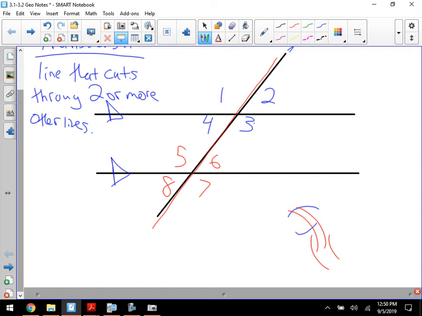Now, here's the thing. When you have these parallel lines, you guys ever heard of an if-then statement? Yes. What is it? Yeah, perfect. Cause and effect. That's a very good way of looking at it. So what we get is a giant if-then statement. Now, we can write it out as: if two parallel lines are cut by a transversal.